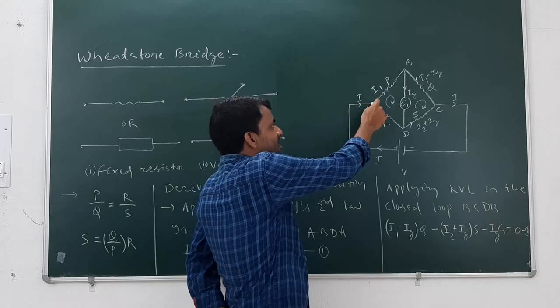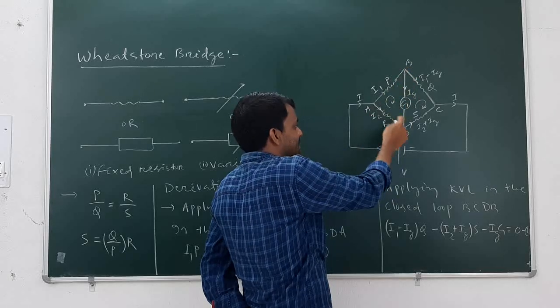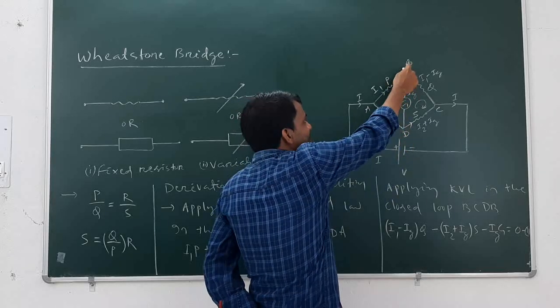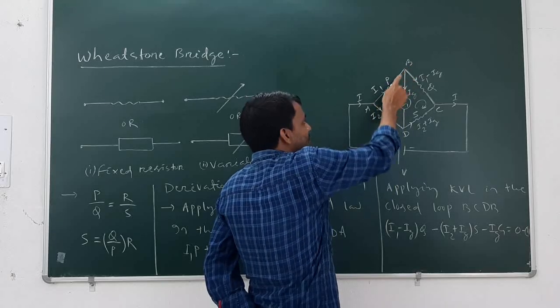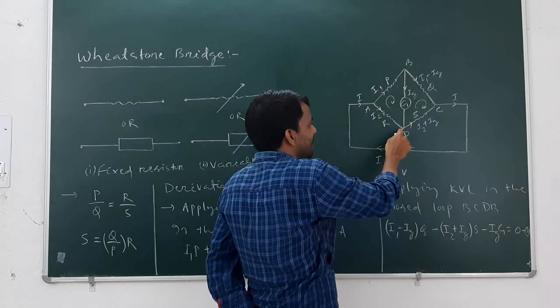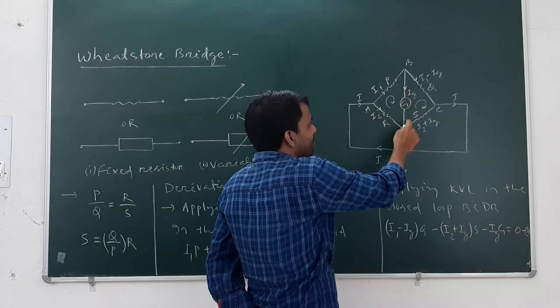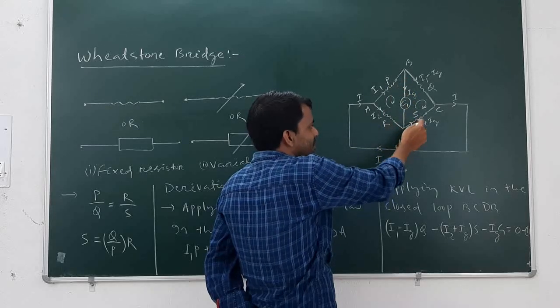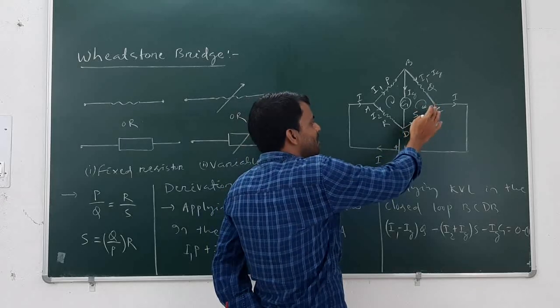Here this is the AP branch, and A is a junction. This is the AQ branch. B is a junction. Here this is the incoming current, towards the junction. These two are the leaving currents. At this junction, this is branch BD, and these two are towards the junction. These are leaving the junction.